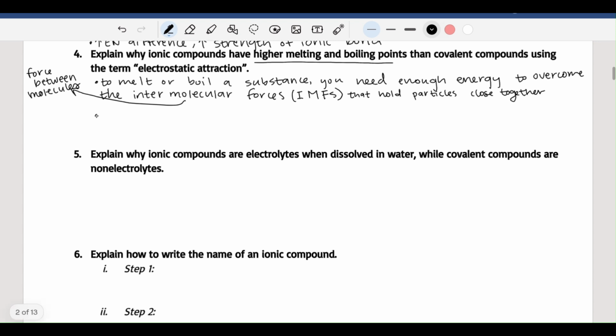So the electrostatic attraction, which we'll get the definition of in just a second, of ionic molecules is strong. So you need a higher temperature to melt or boil them.